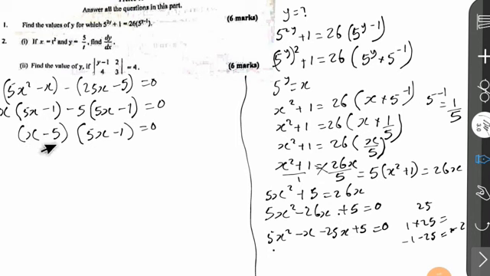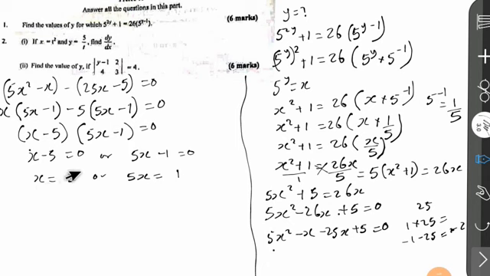The next thing is to equate the first bracket to be equal to 0, and equate this one to be equal to 0. So definitely we have s minus 5 equal to 0, or we have 5s minus 1 equal to 0. So we want to find the value of s. To get the value of s, now in this place, you take the minus 5 to the other side, so it means that s is equal to 5, or we have 5s equal to 1 here.